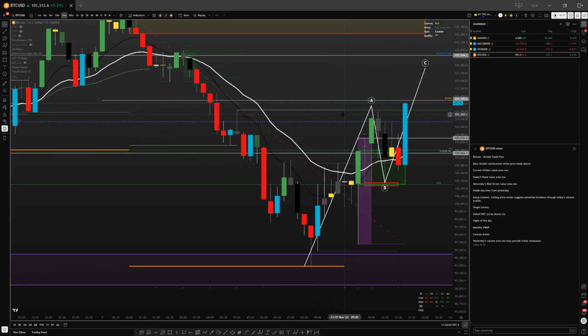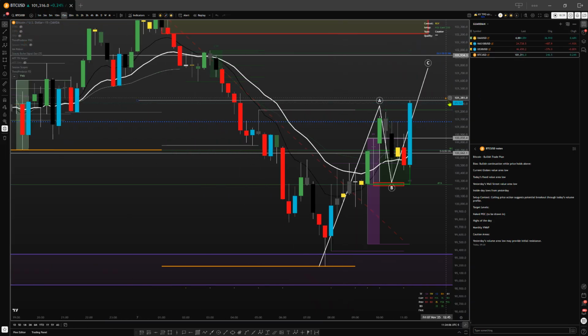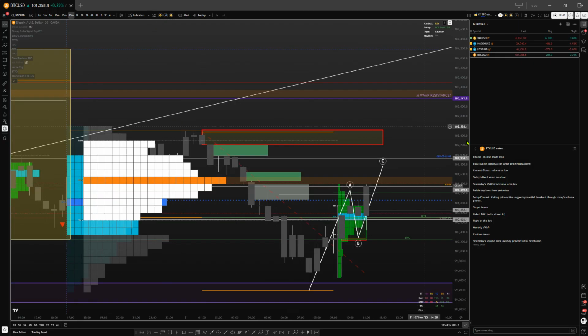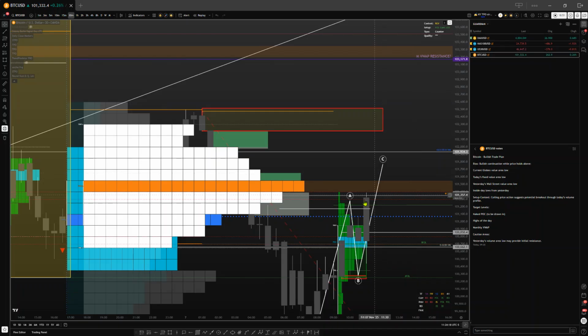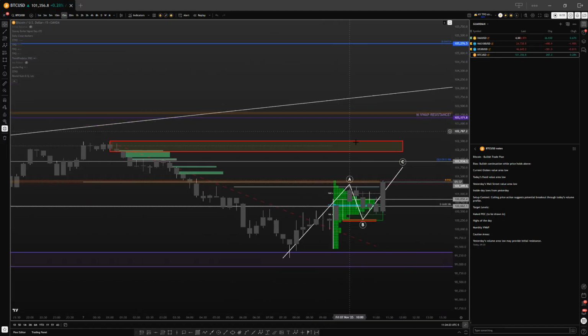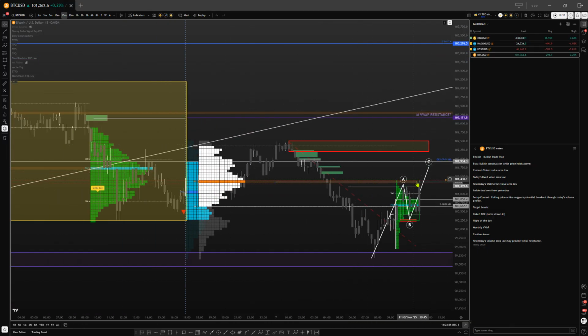Now we're into the point of control, and it will be interesting to see how the price behaves at this area, as indicated here on the 15-minute time frame.